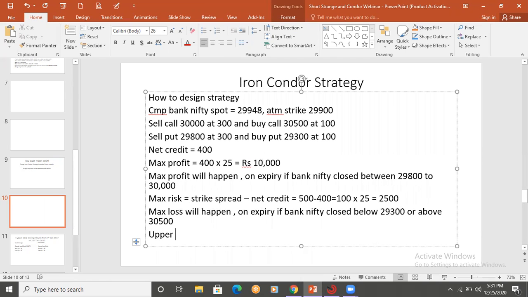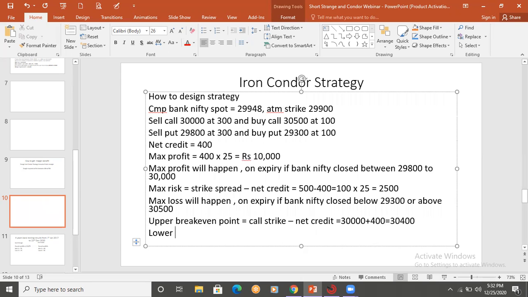Now let's calculate, guys, the upper break-even point and lower break-even point. The upper break-even point is call strike plus net credit. Okay, the call strike which we have sold. So we have sold the 30,000 call strike. 30,000 plus 400, so 30,400 is my upper break-even.